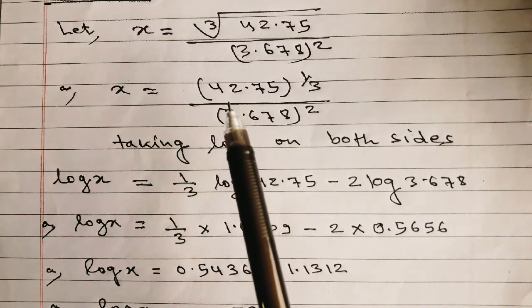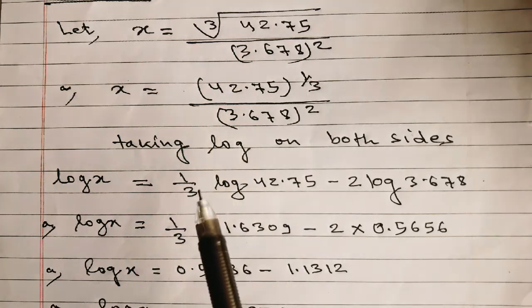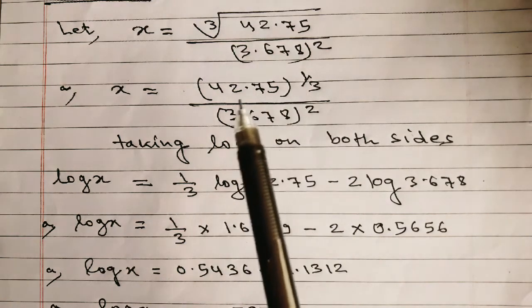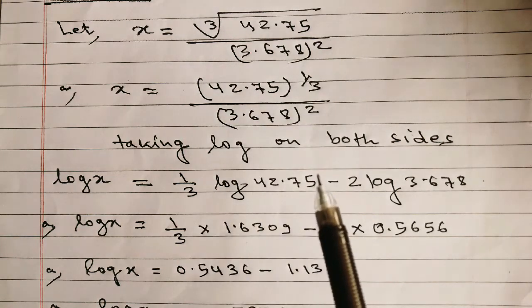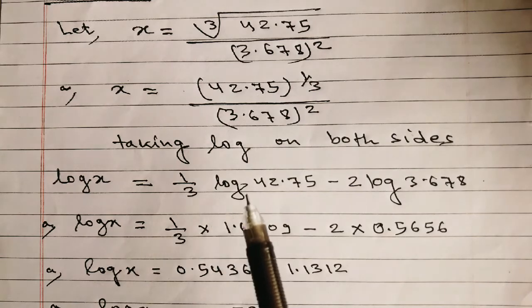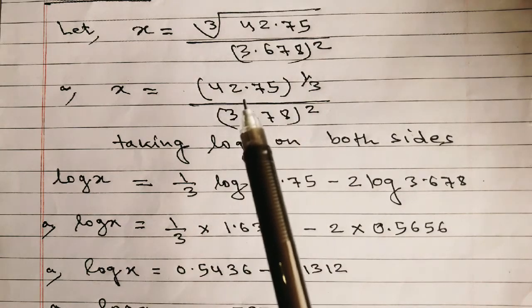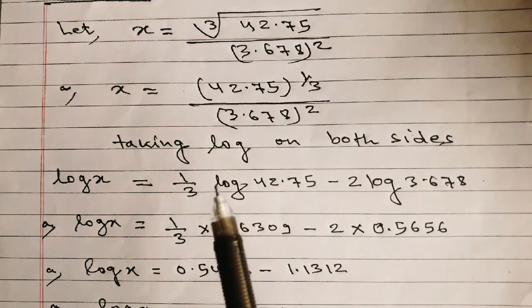According to the formula of logarithm, log m^n is equal to n log m. So 1 by 3 into log 42.75. First we write down the power, that means 1 by 3, then log, and m means the base, that means 42.75.